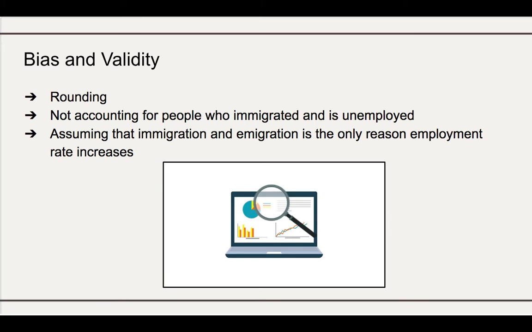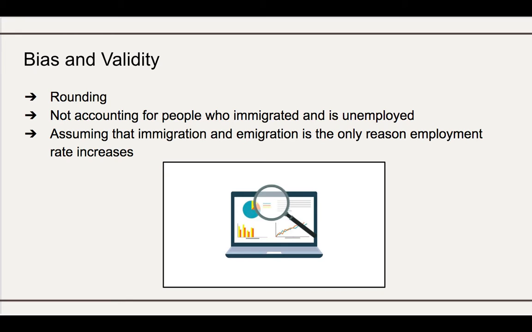And it's also important to note that my report does not account for the people who immigrated to Canada and are unemployed. So the assumption that immigration increases the number of people employed could be less accurate than what is actually shown through my report.